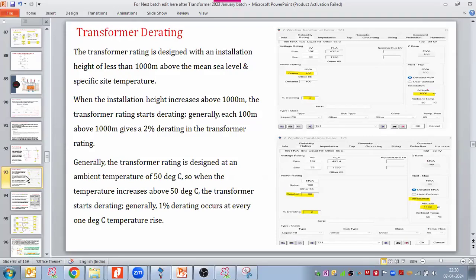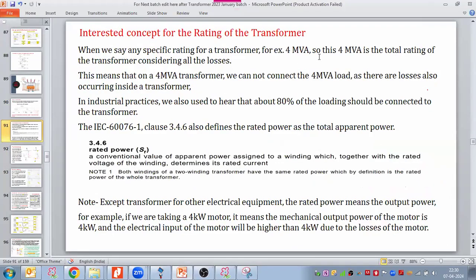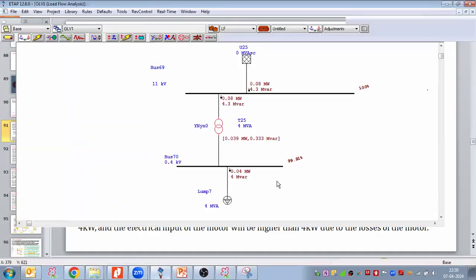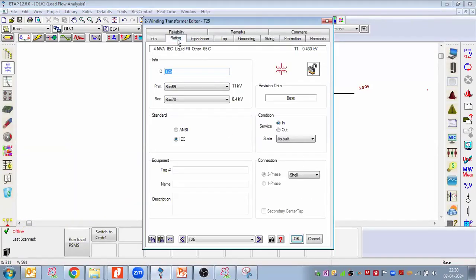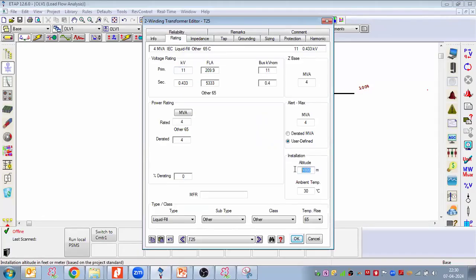One more example here. This is derating. Any transformer's power, 4 MVA or 5 MVA, is defined at a certain installation altitude and ambient temperature. Generally, the transformer is designed for an installation altitude up to 1000 meters above mean sea level.